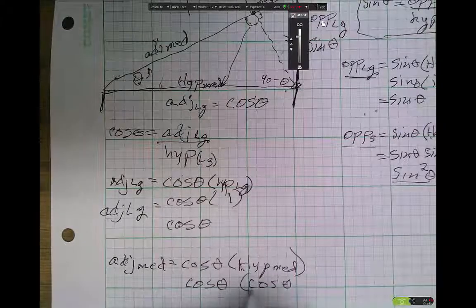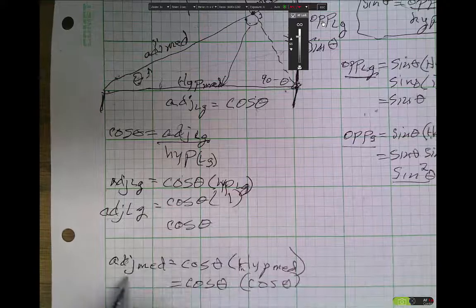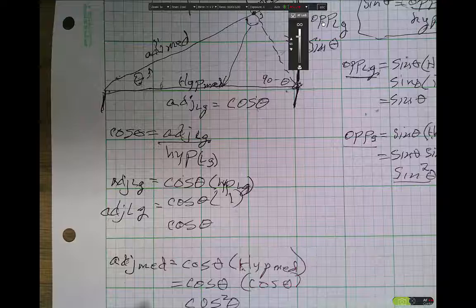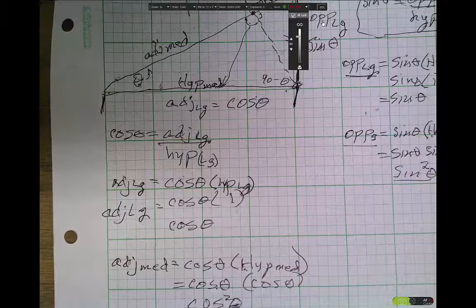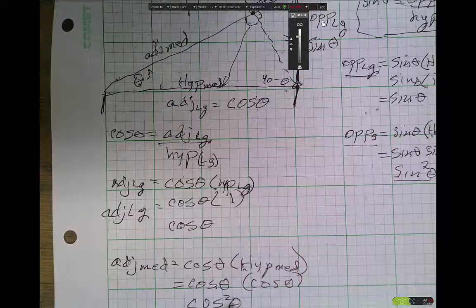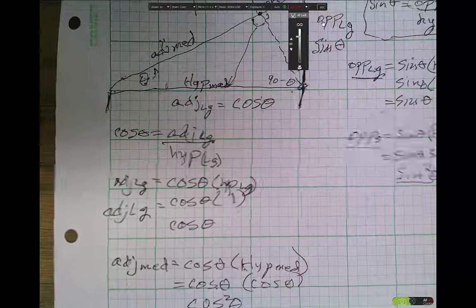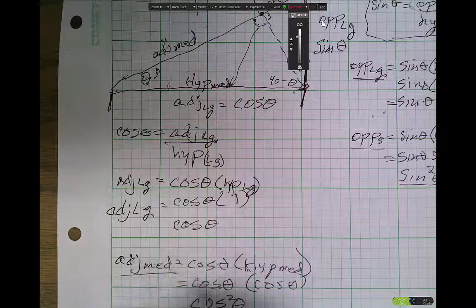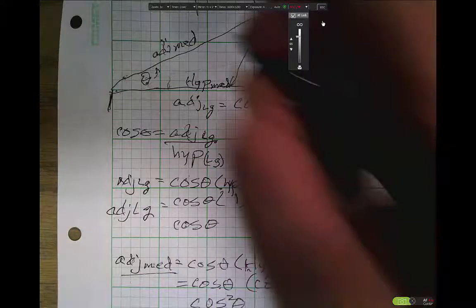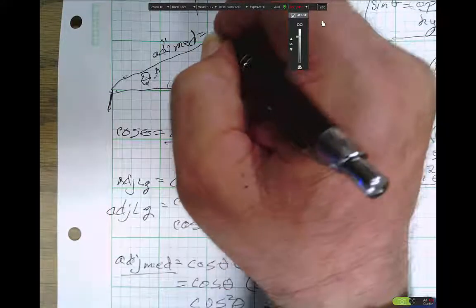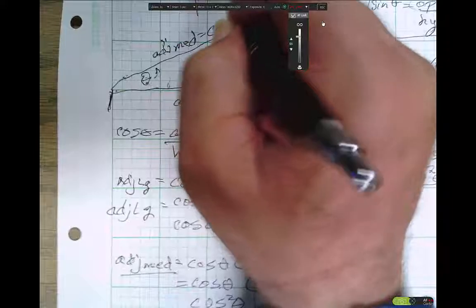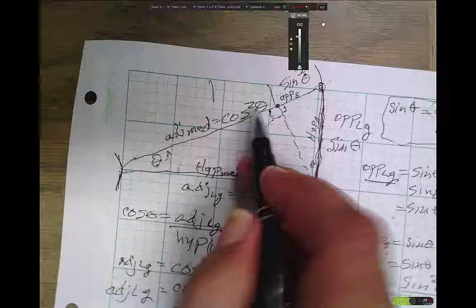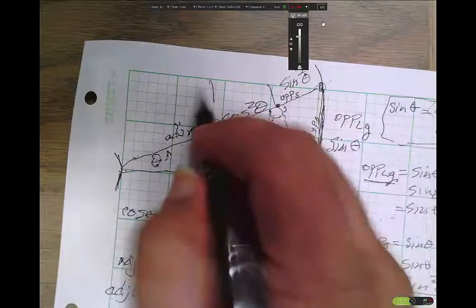So we've just substituted in. You can see now that when you multiply cosine times cosine, you get cosine squared theta, cosine of theta quantity squared. So this symbolism and this symbolism being the same, we can substitute either one of these for that value. That's the reason why I can write cosine squared theta. So here you see why cosine squared theta plus sine squared theta equals 1.